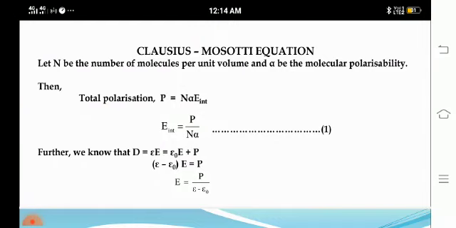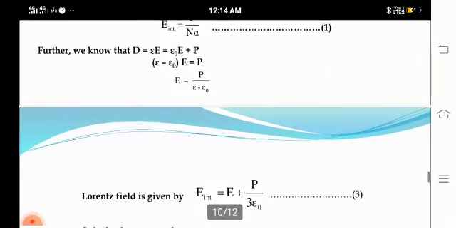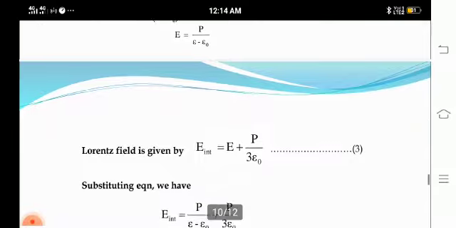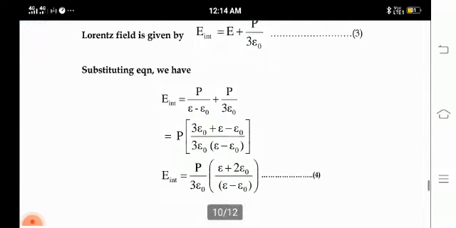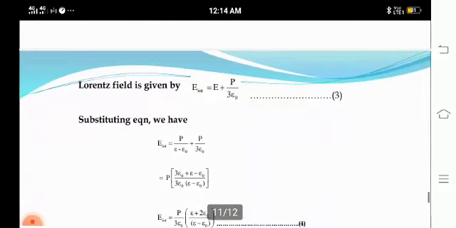So E internal is equal to P divided by n alpha. By simplification, we get E is equal to P divided by epsilon minus epsilon naught. The Lorentz field is given as E internal equal to E plus P by 3 epsilon naught. By substituting the values and simplifying, we get the final equation.